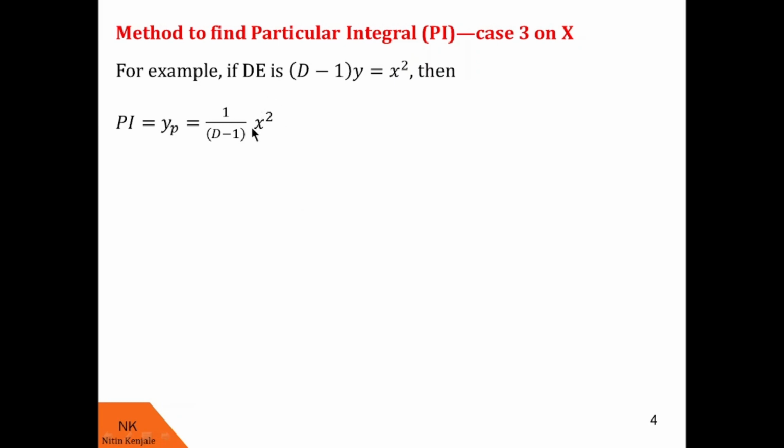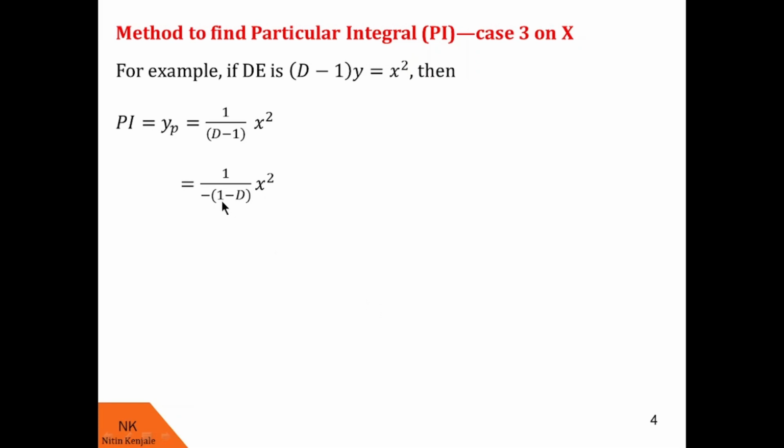Since this RHS is an algebraic expression in x, we first write this f of D as 1 plus phi of D or 1 minus phi of D. To do so, I suggest that you take out the least degree term from this bracket. So here the least degree term is minus 1. So when we take it out, we have 1 upon (1 minus D) here with a minus sign outside.